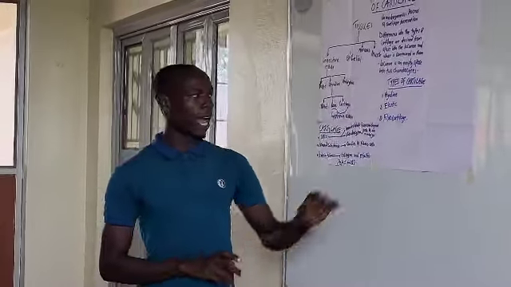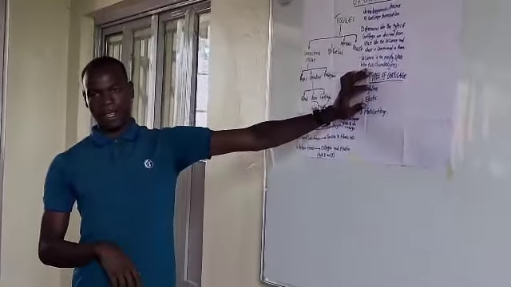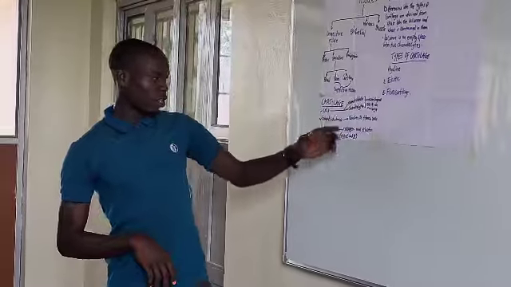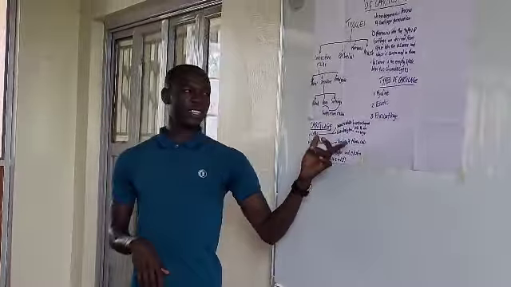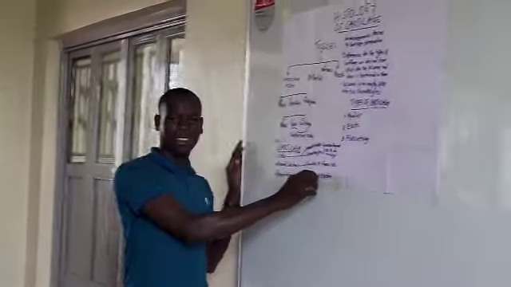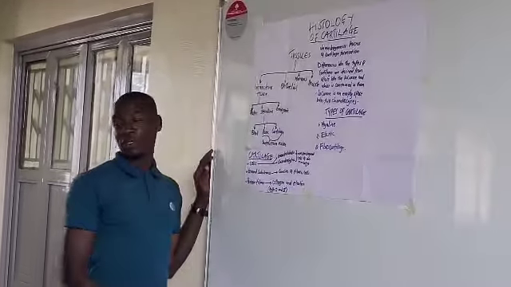The hyaline cartilage also has fibers, and these fibers are collagen fibers. These collagen fibers that are found in the hyaline cartilage are of 2 types: type 2 collagen fibers and type 1 collagen fibers.